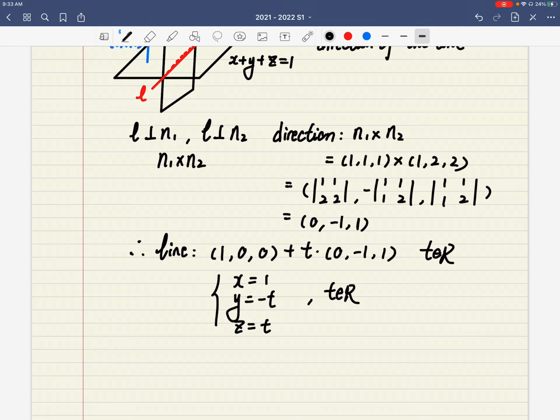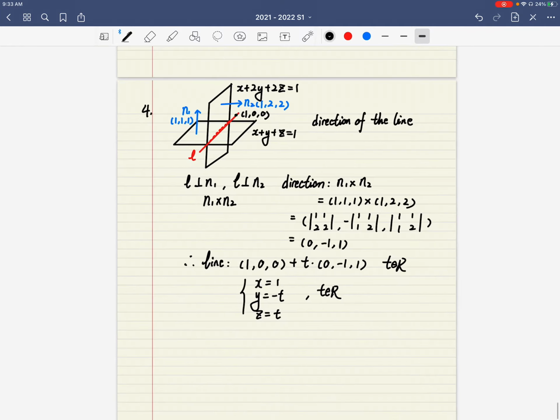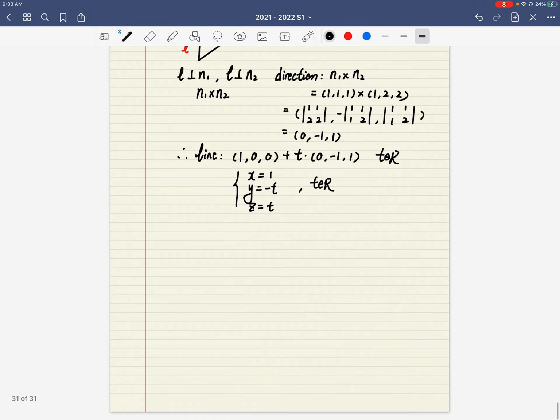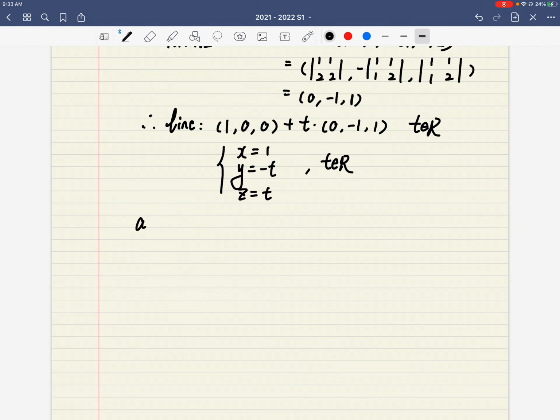This is the line. And also, what is the angle between these two planes? For this part, you should be a bit creative. The angle between two planes is equal to the angle between the two normal vectors, right?